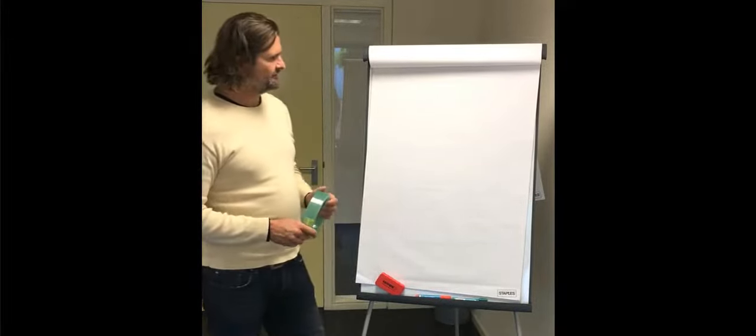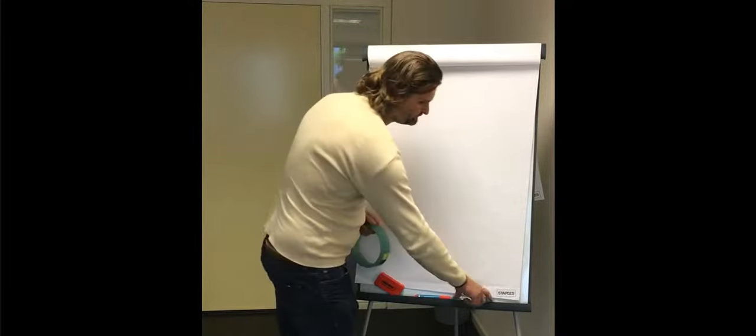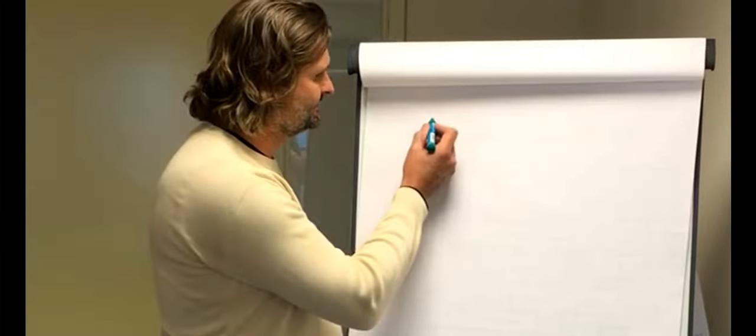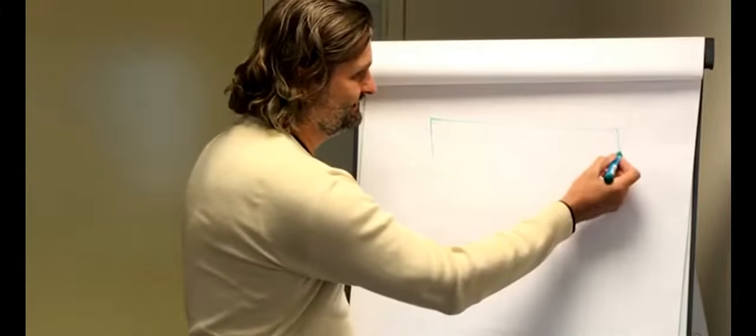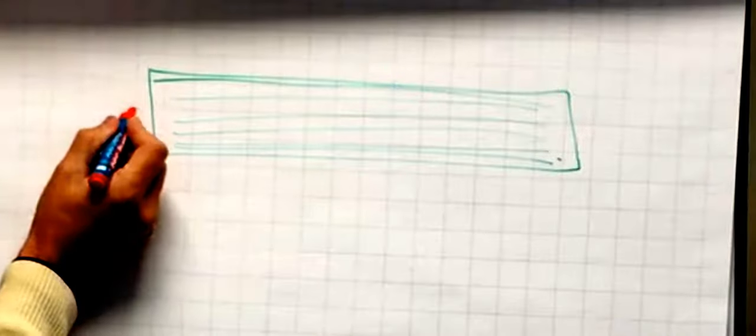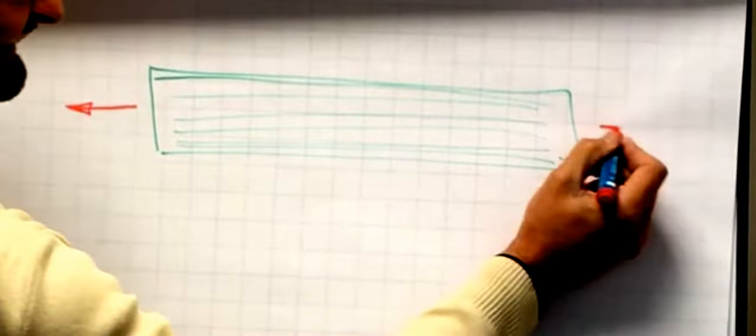Now what happens? You have to imagine that a composite is a combination of resin and fibers. And I'll try and visualize that by having a piece of material, and inside that piece of material we have fibers. And you can imagine if I load this piece of material in the direction of the fiber, the actual load will be taken on by the fiber.